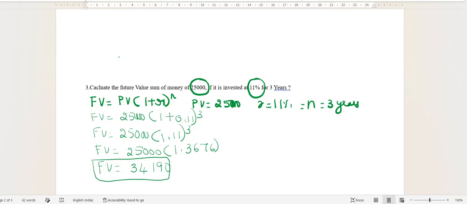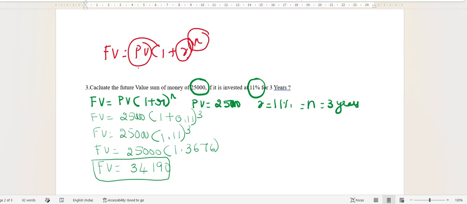So what is the formula, guys? The formula is very simple. Future value is equal to present value, 1 plus r, to the power of n. Present value is the money that we are investing today, r stands for at what rate we are investing, and n stands for for how many years we are investing.